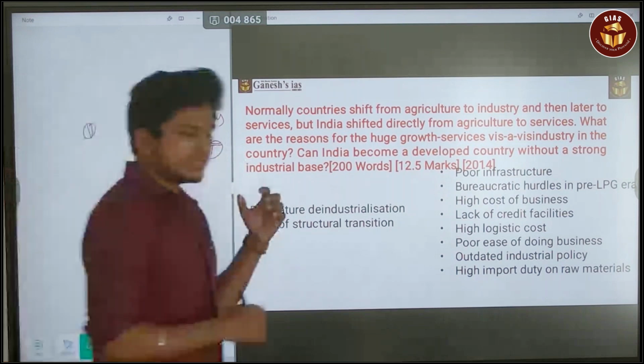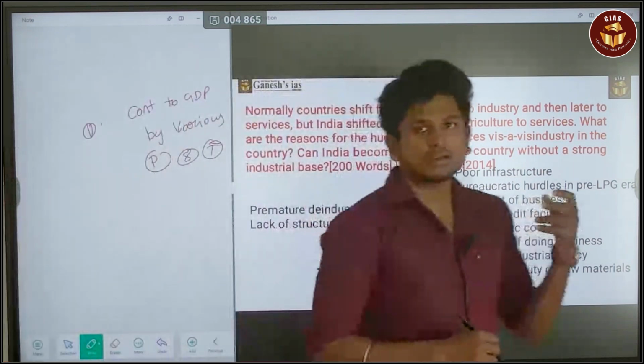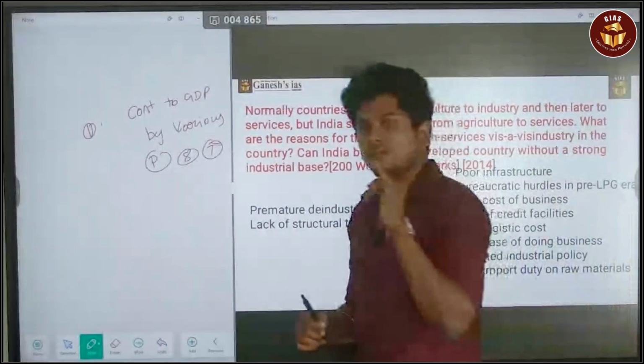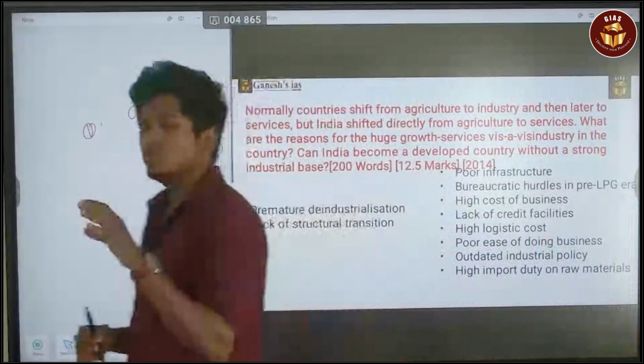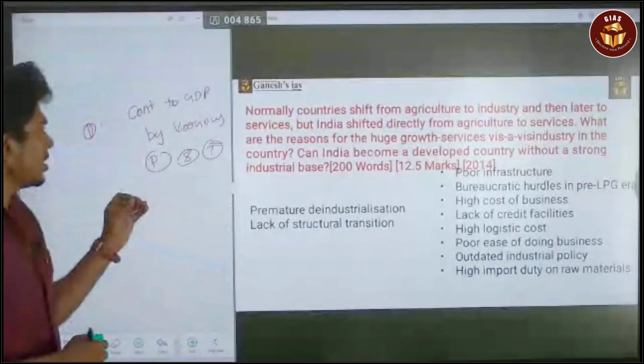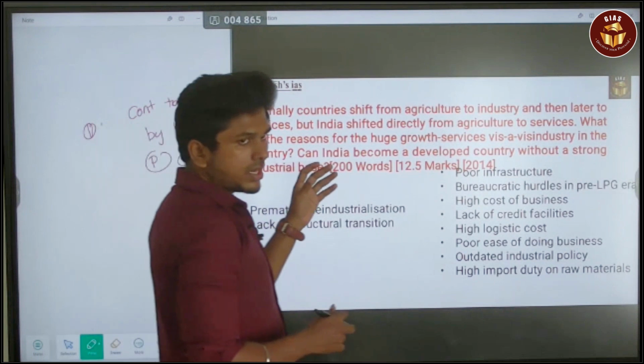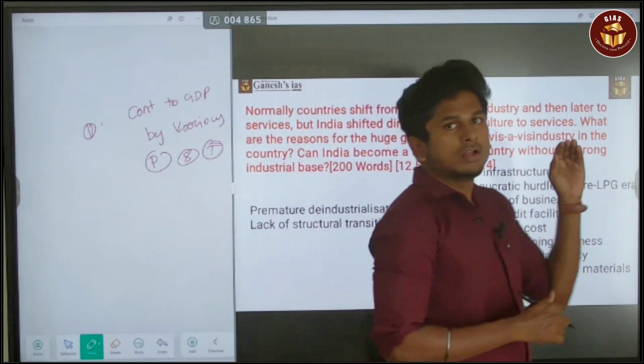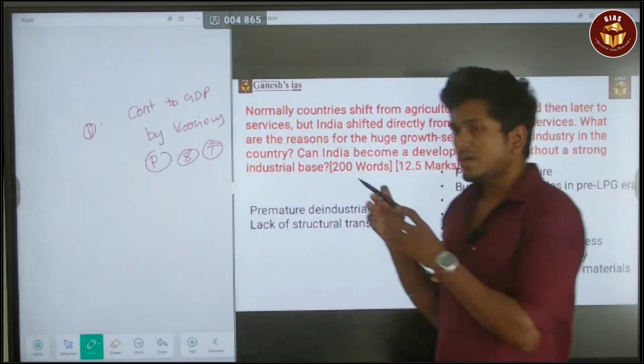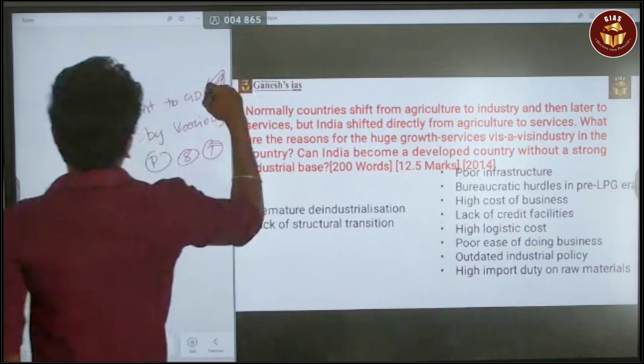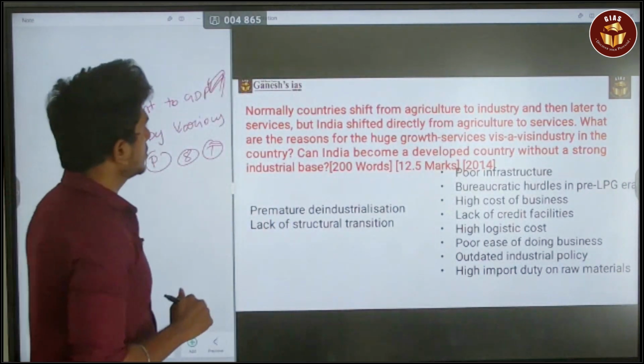So the contributions by these sectors to India's GDP. This is the first factual data you should know. Without knowing that, you can't address this question, and the examiner will search for this data. It is one of the important data you need to quote.